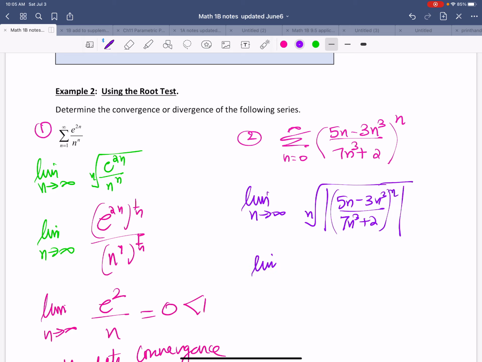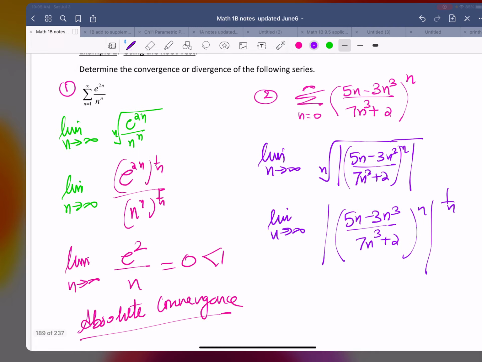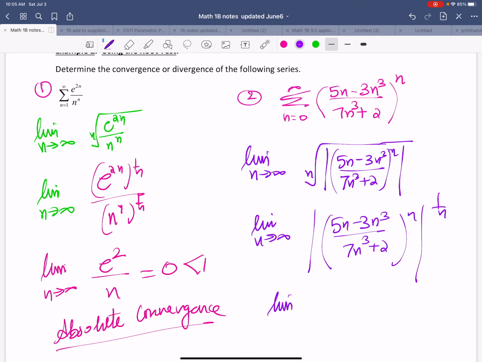Now I'm going to write the nth radical as an exponent. So I have (5n minus 3n to the third over 7n to the third plus 2) to the nth power and 1 over n. So the n times 1 over n will cancel. The limit as n goes to infinity, I'm left with (5n minus 3n to the third) over (7n to the third plus 2).